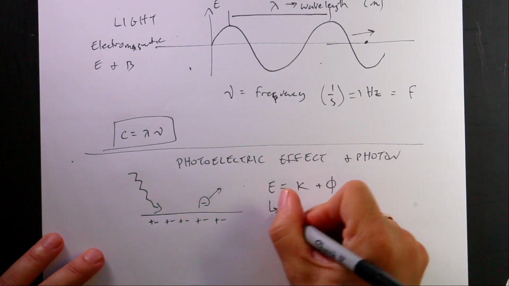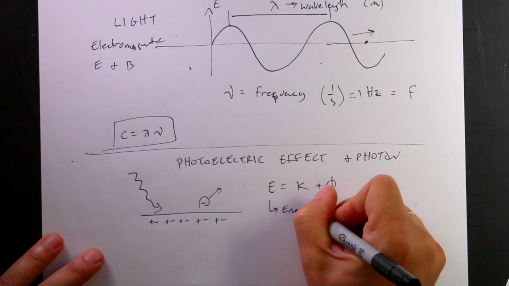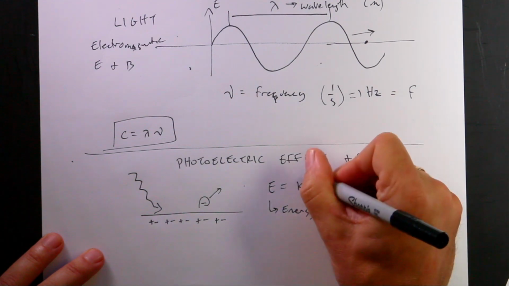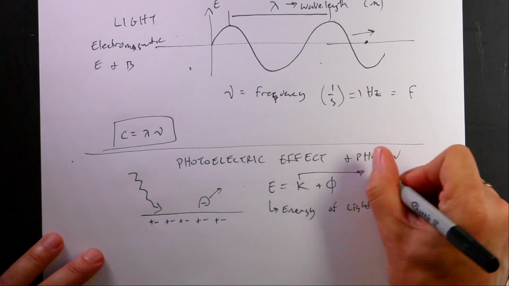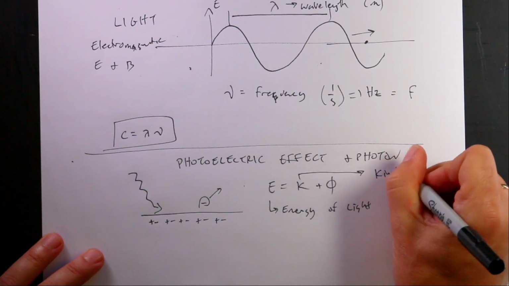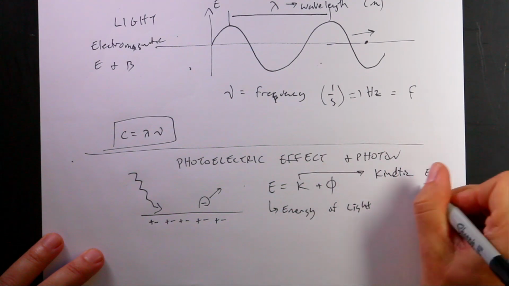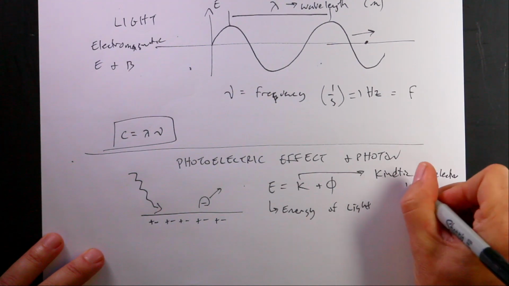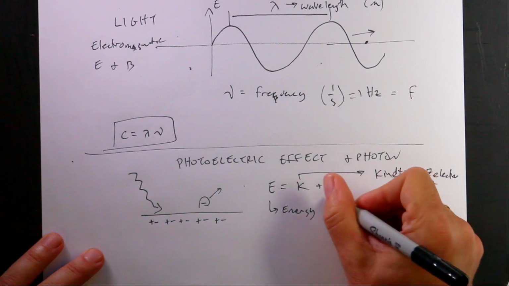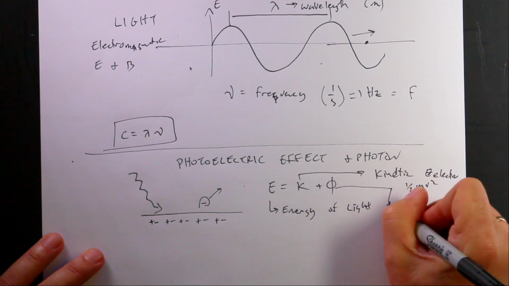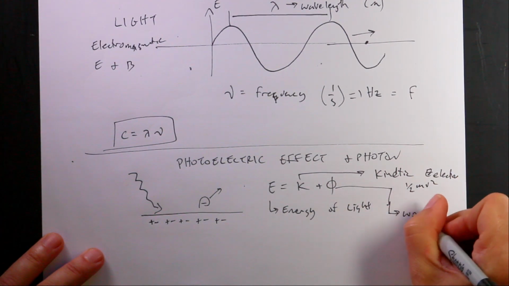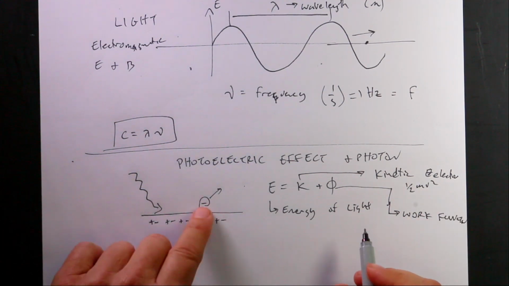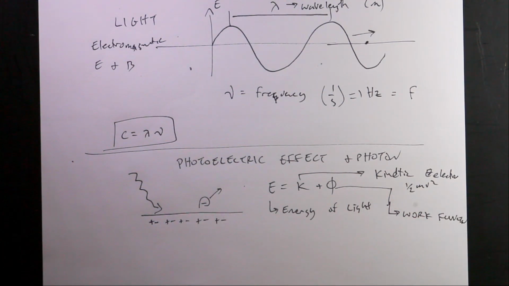So this is the energy of the light. This is the kinetic energy of the electron. Remember, that's 1/2 mv squared. And then this is the work function. This is how much energy you need to break that electron out of the metal.